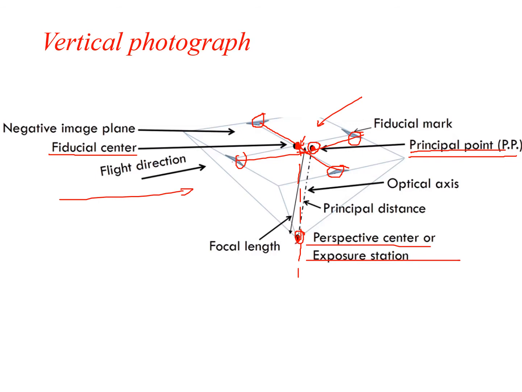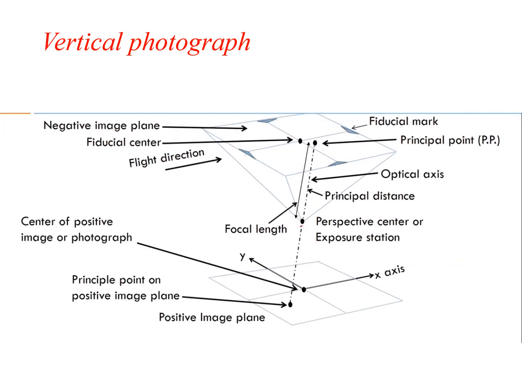Now after having understood this, see the same diagram here. How do the points appear on the positive image plane? From the principal point up to your perspective center, this is called the focal length. So try to understand, the focal length is not the distance from this point to this point.